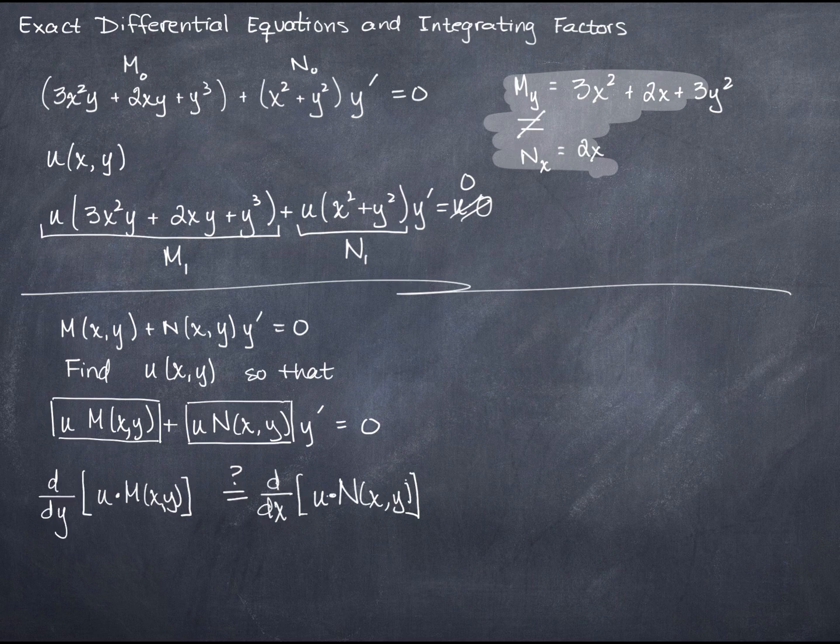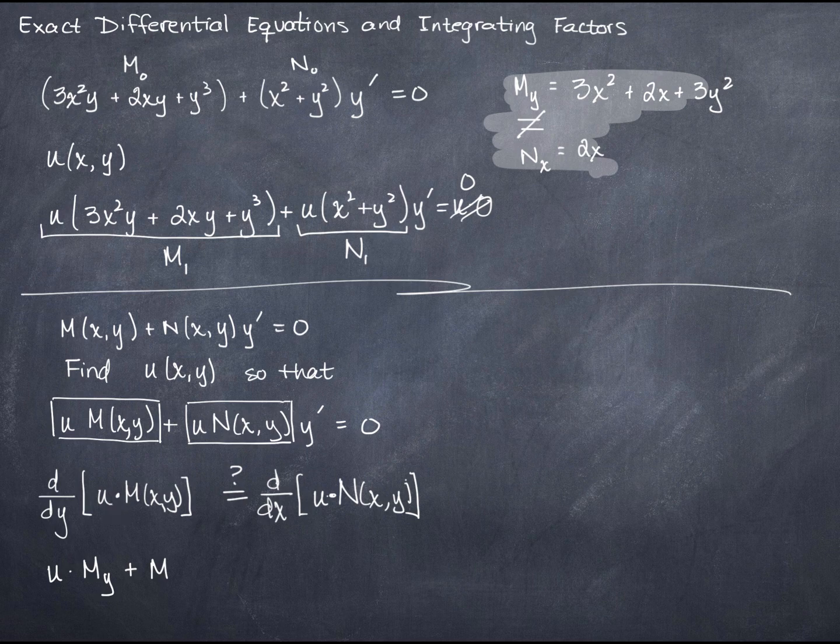My left-hand side here is going to be the first times the derivative of the second, but the derivative of the second is the derivative of M with respect to y. So I'm going to call that M sub y. Plus, because of the product rule, the second, just a good old M, times the derivative of the first.